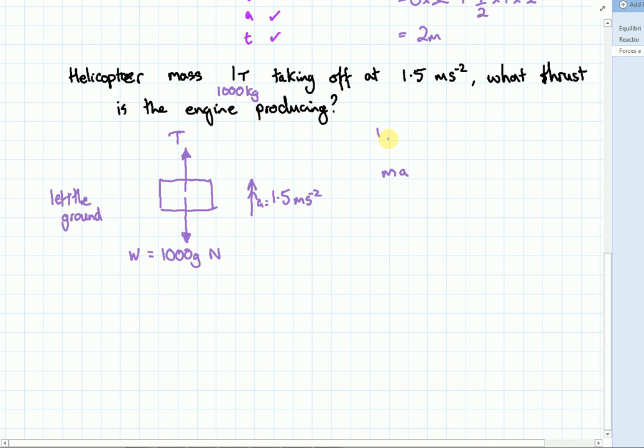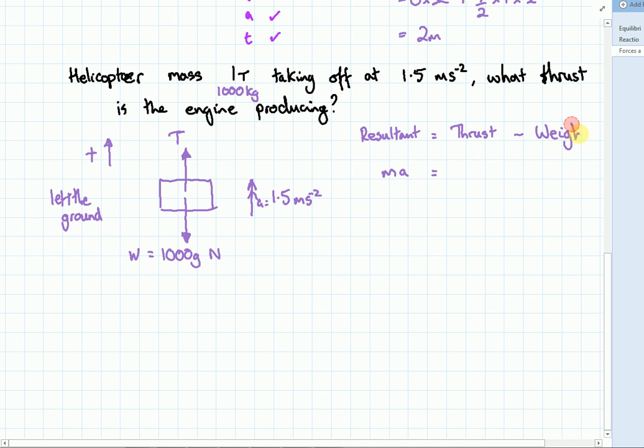Let's try writing that again. So the resultant force is equal to the two forces acting. We're going to take positive in the up direction, so let me show our positive. So our resultant force is equal to our thrust minus the weight.